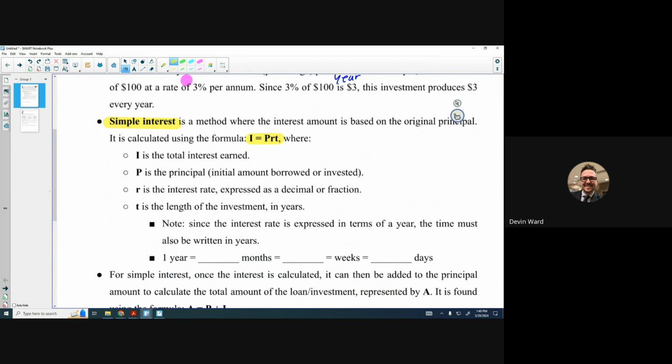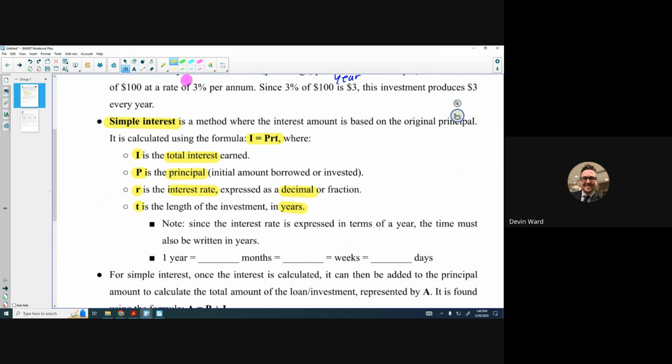I is your total interest earned. P is the principal, your initial amount. R is the interest rate, and you express that as a decimal or a fraction, but decimals are usually easier. T is the length or time of the investment in years.